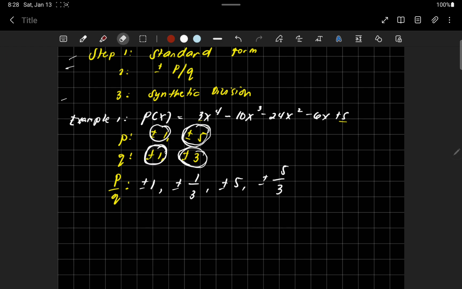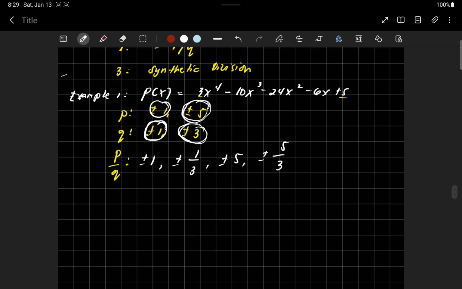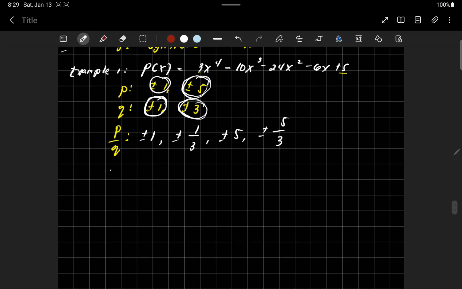Alright, so after step 2, we are going to proceed with step 3, applying synthetic division to determine all our rational zeros. Okay, so let's write the form of synthetic division.